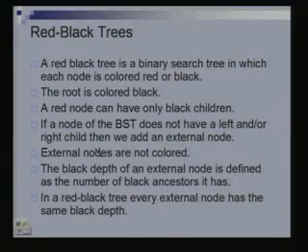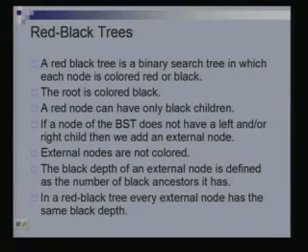So, it is only the non-external nodes, the original nodes of the binary search tree, that we are going to color red or black. We define the black depth of an external node as its number of black ancestors. What that means is that we take an external node and walk up towards the root, and the number of black nodes we encounter is the black depth of this external node.